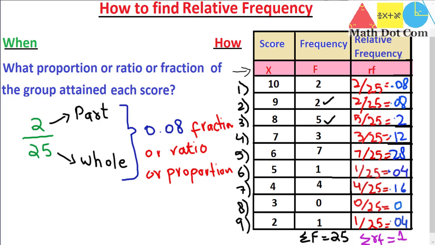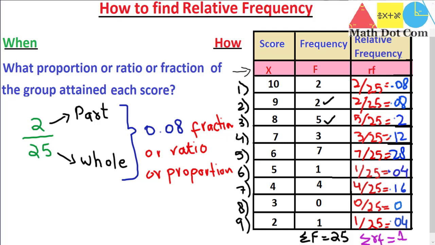It means out of the group of 25 students, 0.08 proportion of the students have got a mark of 10. Then out of 25 students, only 0.08 fraction or ratio or proportion of this group have got the score of 9, and so on.